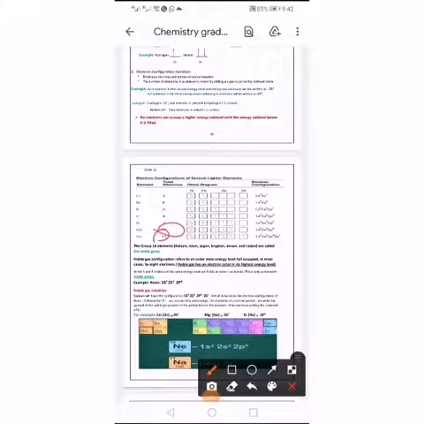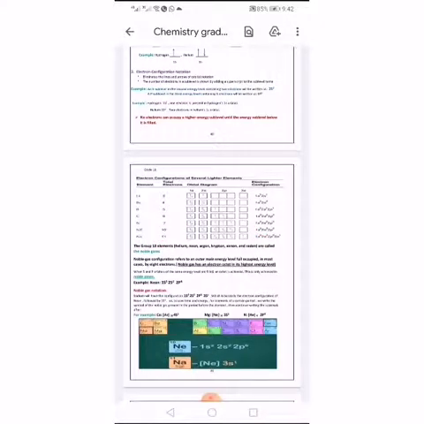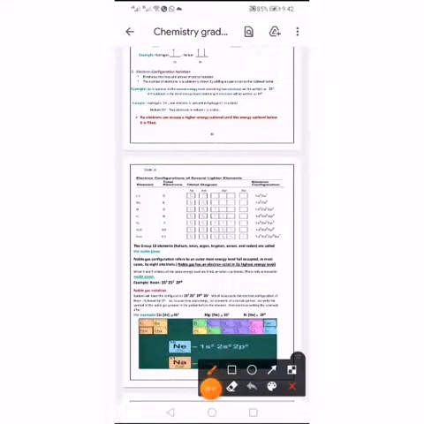Neon is a noble gas. So we use the neon configuration to write the electron configuration for sodium, as the difference between neon and sodium is just one electron in 3s.